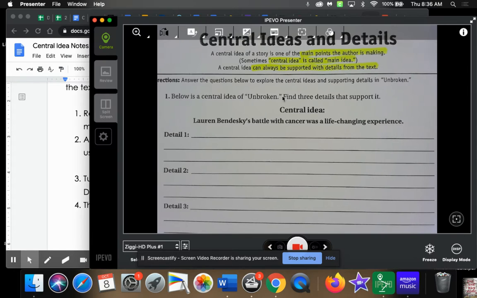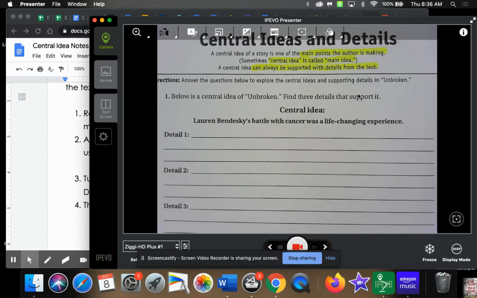So this says Lauren Bendesky's battle with cancer was a life-changing experience. That is one of the central ideas of this article. Her battle with cancer was life-changing, okay? So what we're going to do is ask ourselves, how was Lauren Bendesky's battle with cancer life-changing? And what I want you guys to do is take a few minutes and see if you can find specific sentences from Unbroken.